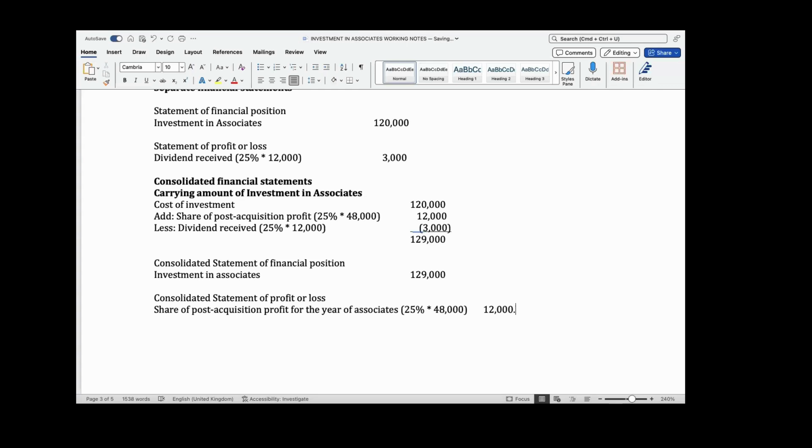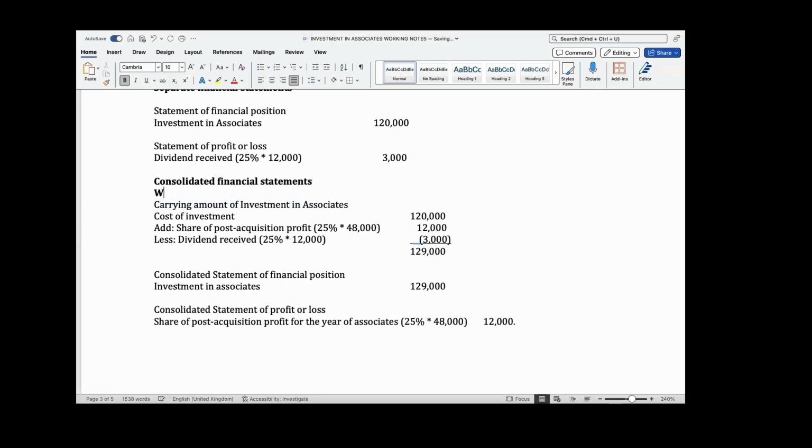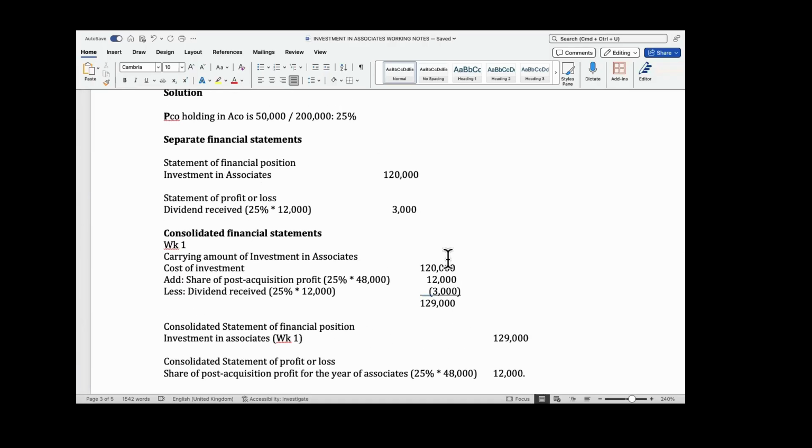That is what he recognizes in the consolidated statement of profit or loss. So this is workings one. You can find this in workings one. And that's the solution to this question.